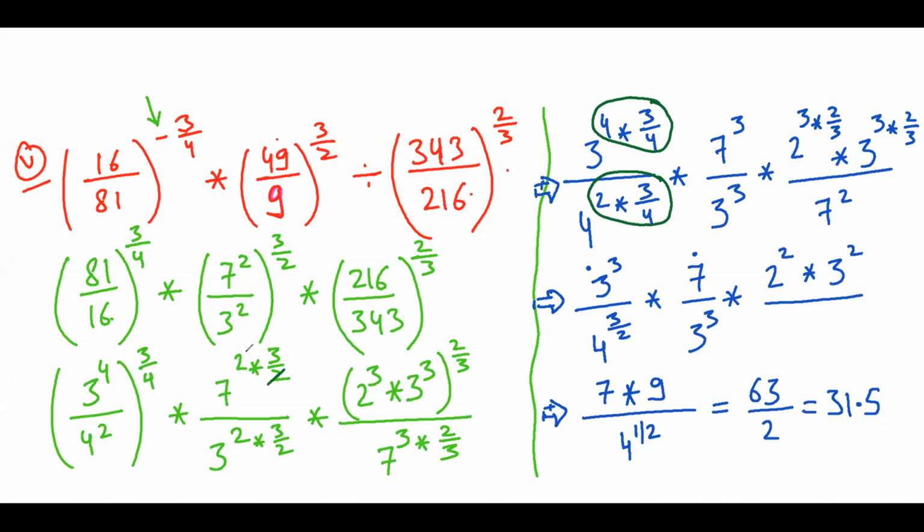This will be 7 cube I have written here. This 2 and 2 will get cancelled. So this 3 cube I have written here. This 2 cube will get multiplied by 2 by 3. That I have written here. This 3 cube will get multiplied by 2 by 3. This is what I have written here. And this 3 into 2 by 3, this 3 and this 3 will get cancelled.